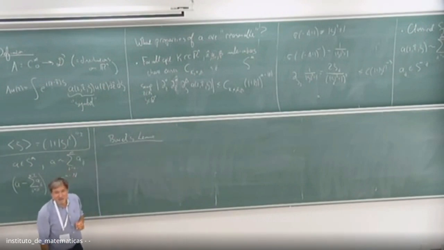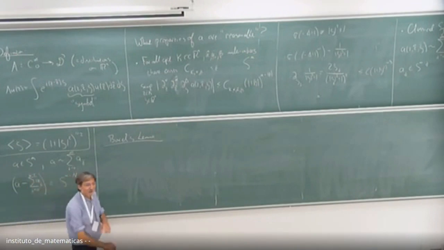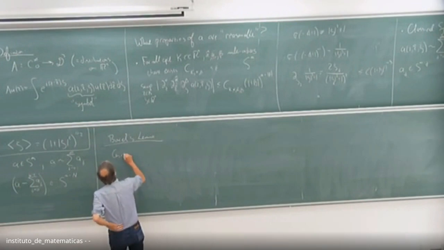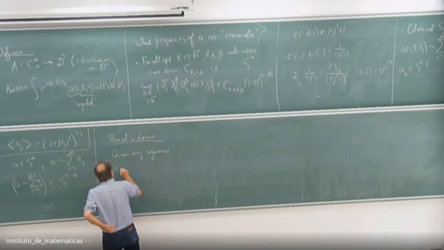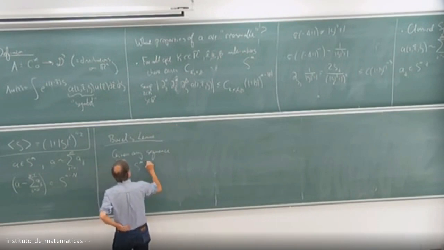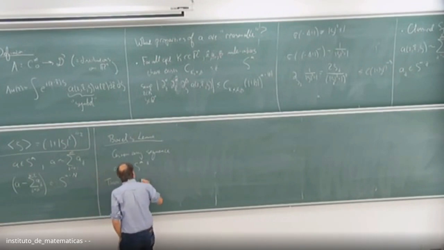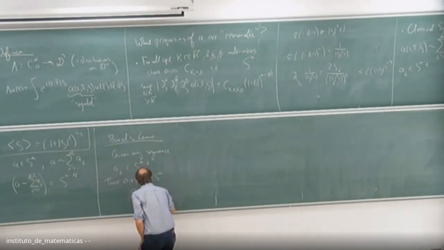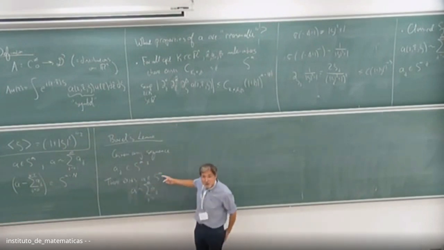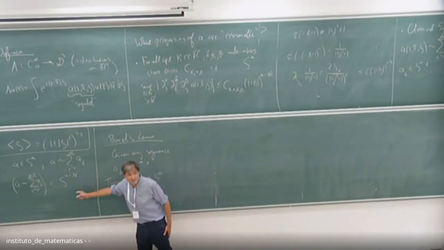Given any sequence A sub j, which are symbols of order m minus j, there exists an A in S^m such that A is asymptotic to the sum. So the minute I produce a sequence of symbols that are increasingly better, I can find an asymptotic sum. It's not convergent, but it has this property.